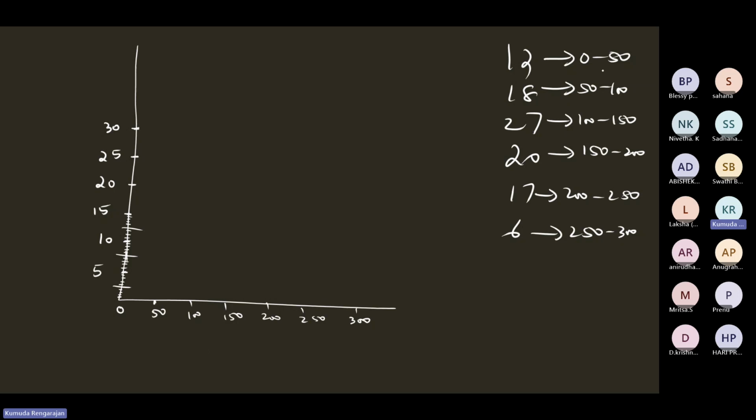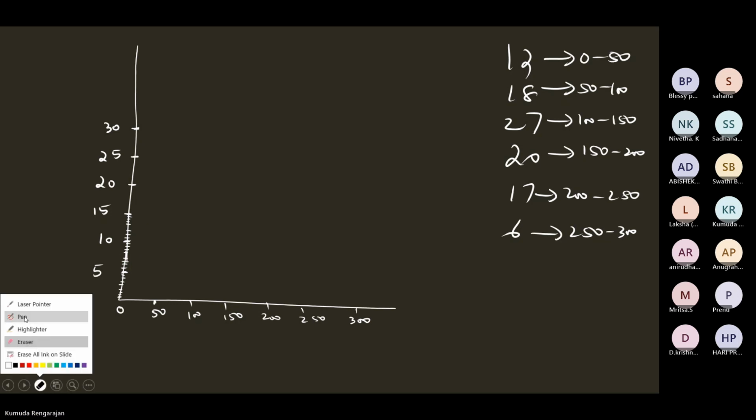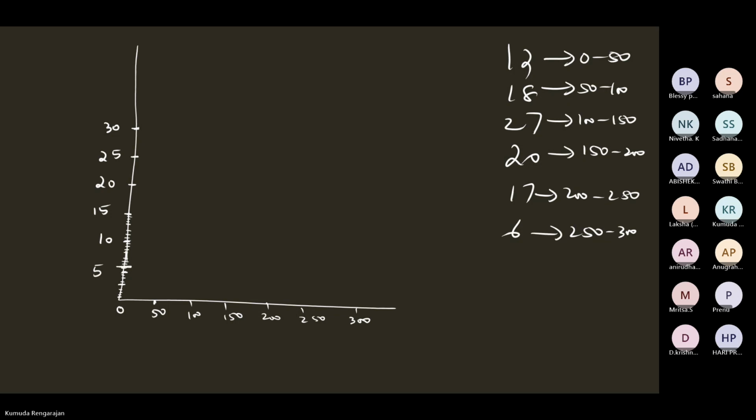So what is the height for the class interval 0 to 50? 12 is the height. Now, how do you read? Let me just erase it and draw this again.